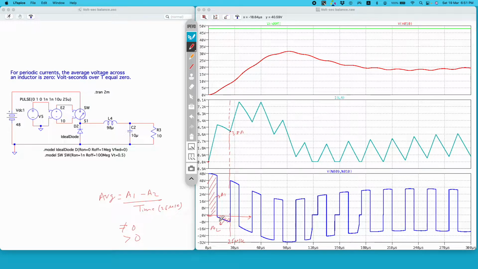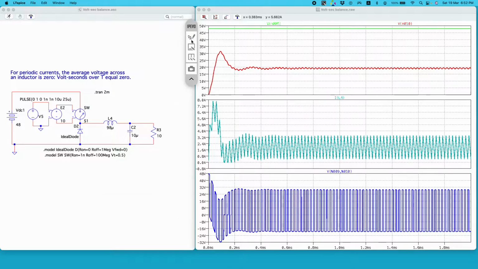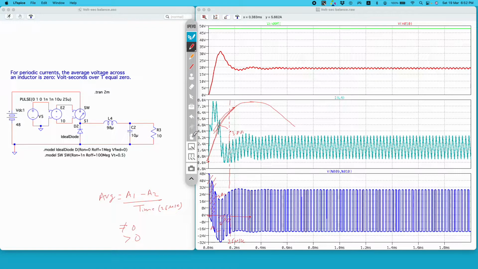And since this average is greater than 0, this current keeps increasing, right? If we draw the envelope over this transient, we can see that current is rising. But eventually it comes down because this is a properly designed converter. The converter reaches its steady state very quickly, so current does not get to a point where it becomes very dangerous for this inductor.